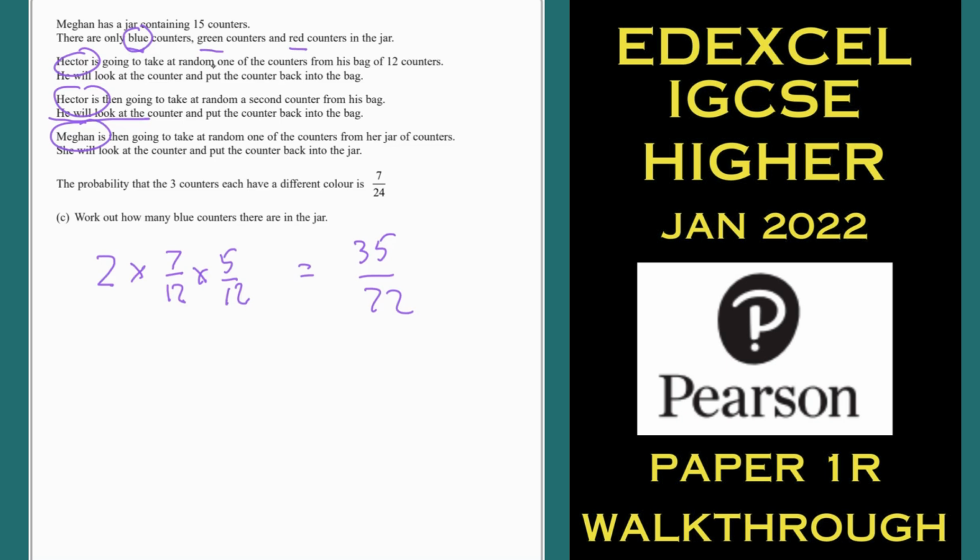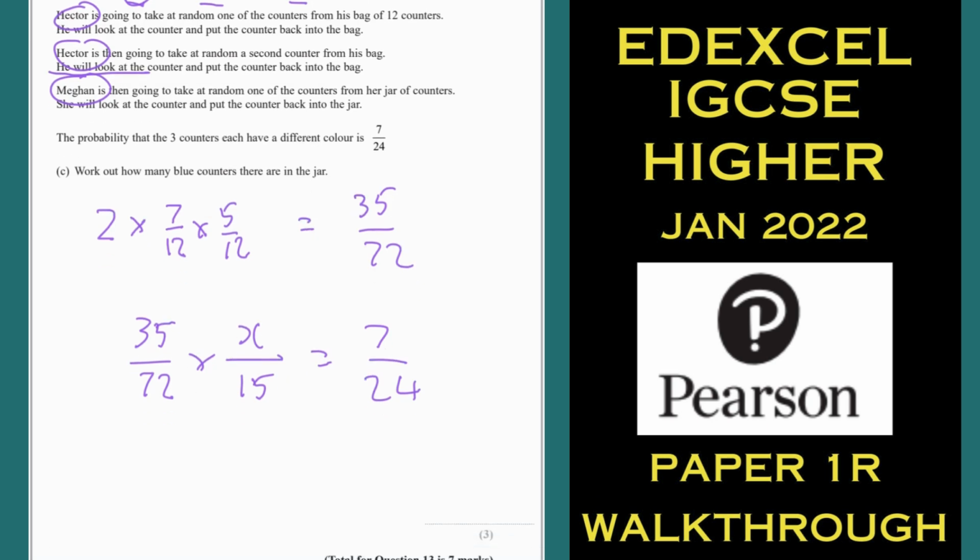But we don't know how many blues there are. But we do know that Hector's being different multiplied by Megan's being different, its unknown blue out of the 15 counters, must equal 7/24.